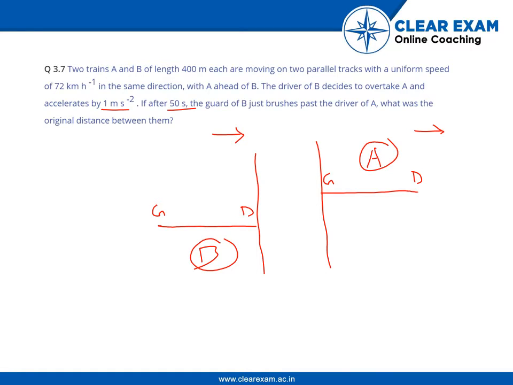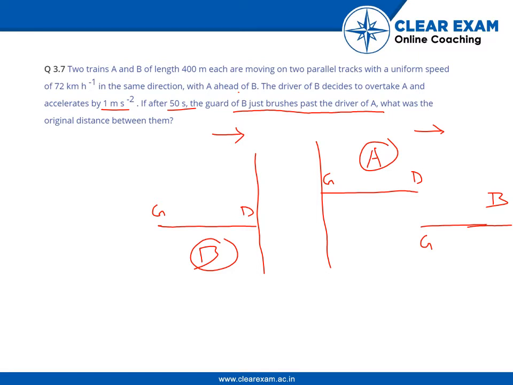And what is the new position of train B? That only, right? And how do we know that? Because it says the guard of B just brushes past the driver of A, and we already know that guard of B is located here.